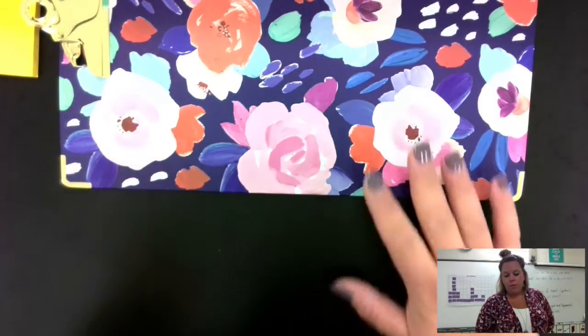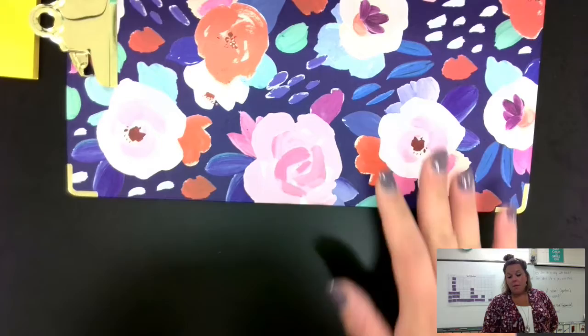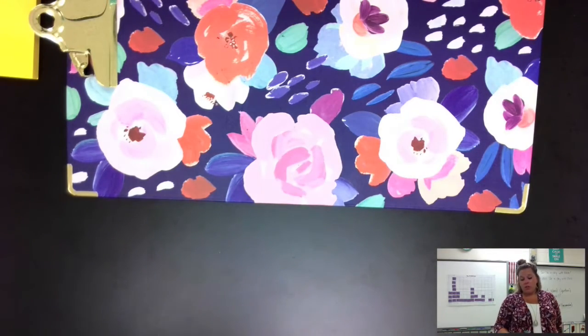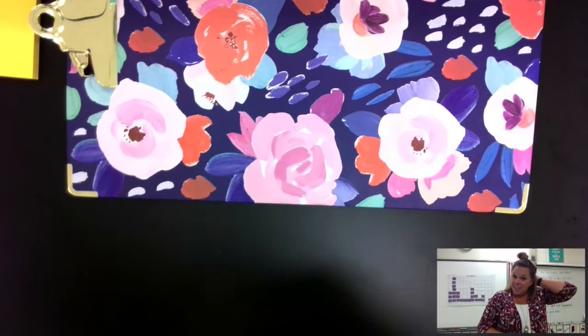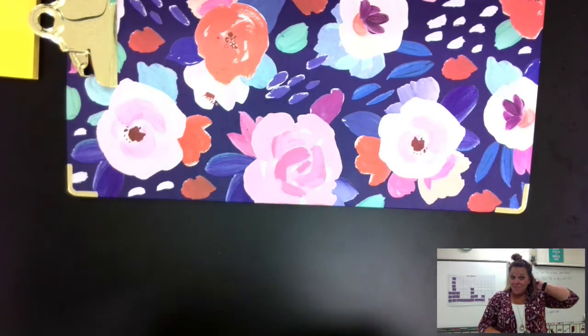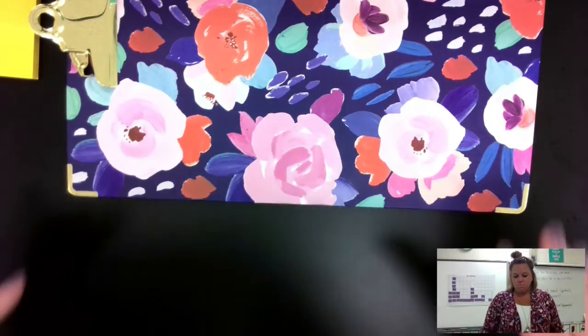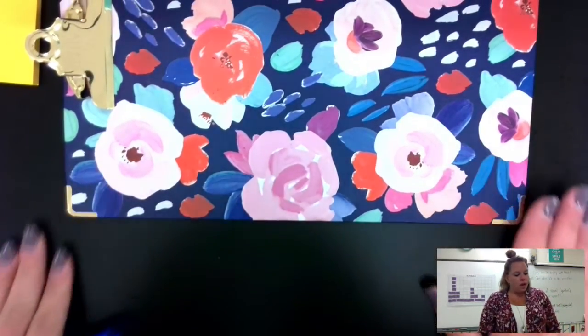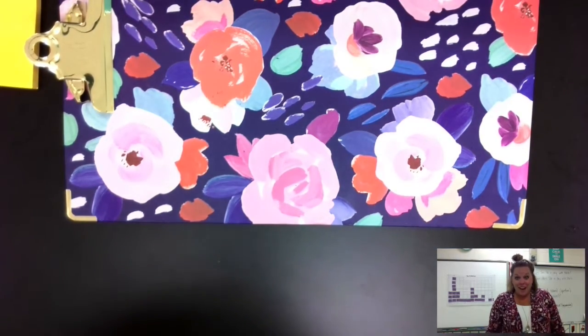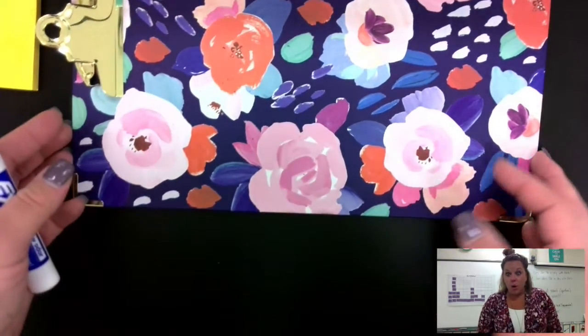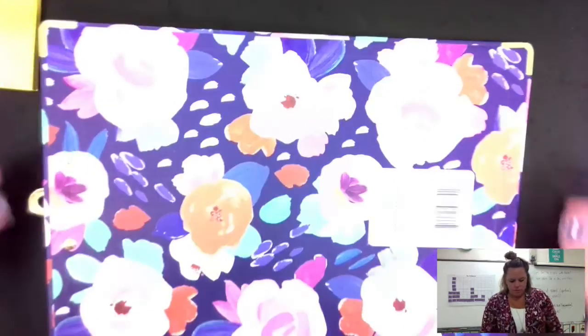So, purple, blue, black, orange, brown, yellow, green, and red. Make sure you have all of those colors, because what we're going to do now is we're going to put our crayons in order.